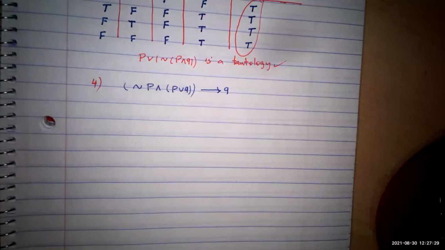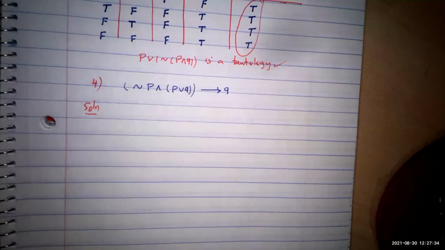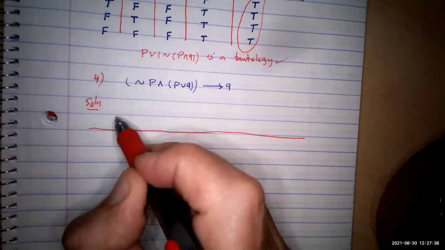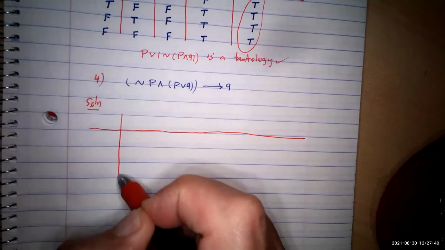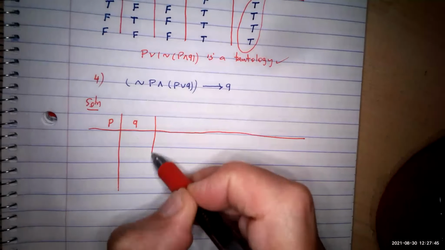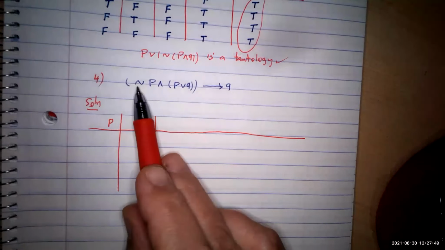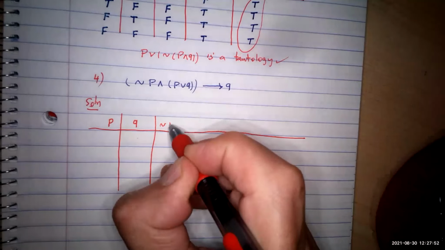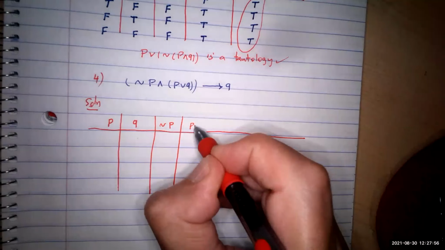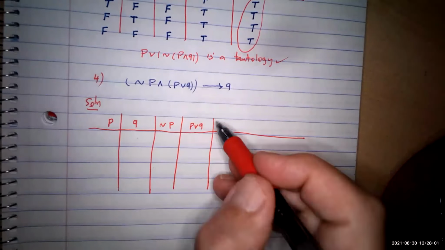Okay, get the table for this one. Your table would have a little bit more terms. So you need the P, you need the Q, you need the P, oh, we need the negation of the P, negation of the P, we need the P or Q. So we need to combine them together.